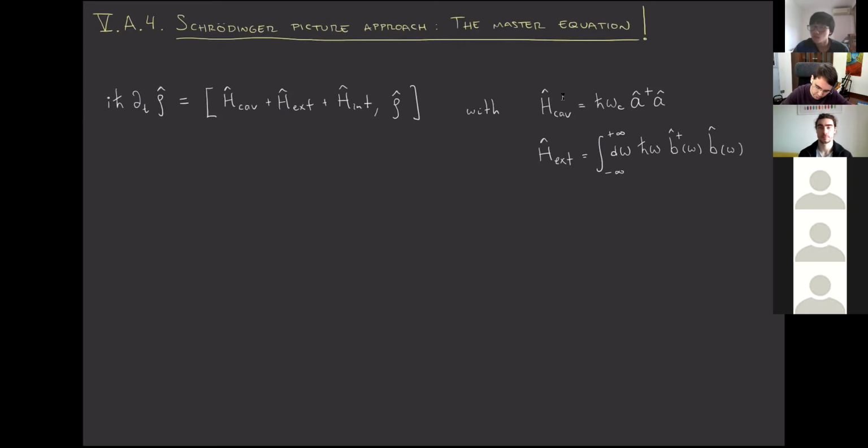And then finally, we have the interaction. In the interaction, I remind you as well that we wrote it with this phase, then some coupling. And the important thing that will come out today, and it already showed up in the previous lecture, is that we chose a coupling that is independent of the frequency of the external modes.